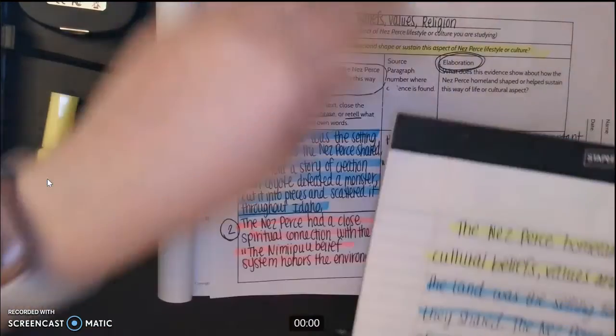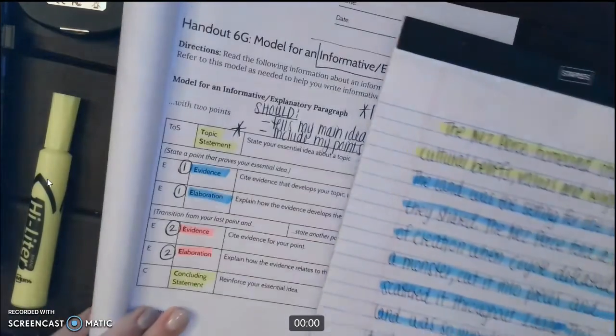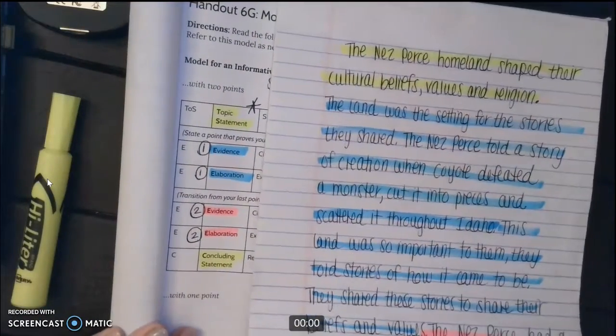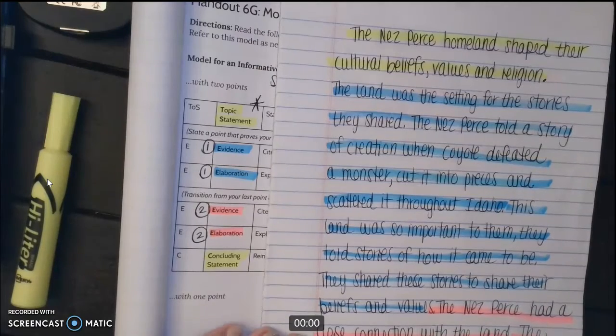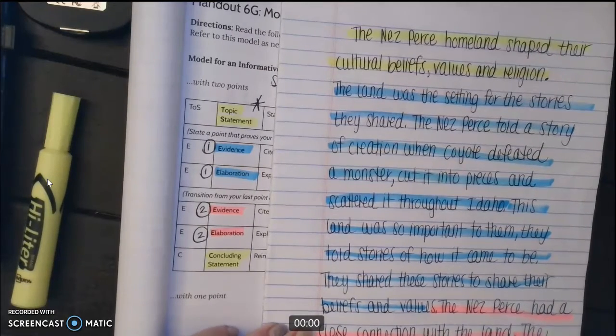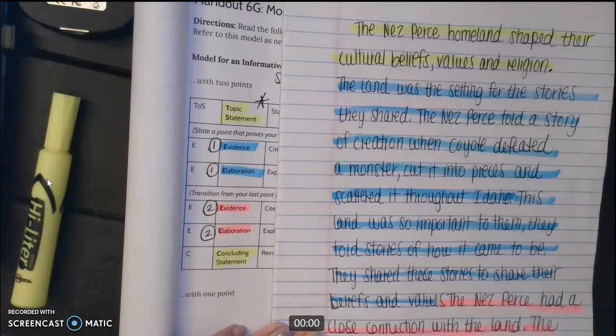Now, all good readers go back and edit or reread their writing. I know this is something I'm not very good at, but we need to go back and make sure, because sometimes we write and don't think as we're writing. So we need to read our whole paragraph and make sure that it makes sense. Maybe as I'm reading, I notice I say the Nez Perce a bunch.